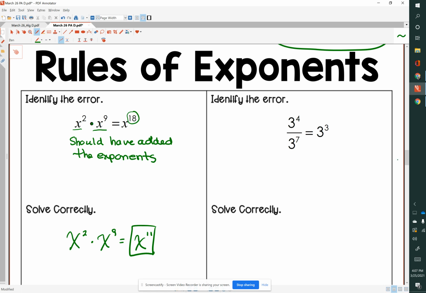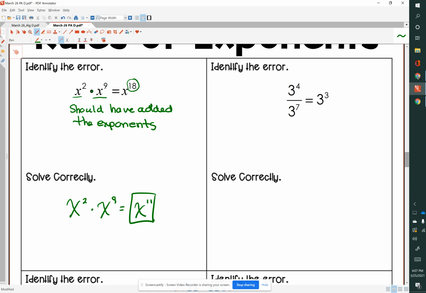So let's look at this next one. We have 3 to the 4th being divided by 3 to the 7th, and they say the answer is 3 to the 3rd. Well, we know that when you divide, you subtract the exponents, but they subtracted the numerator from the denominator. That's not correct. You should subtract the denominator from the numerator.